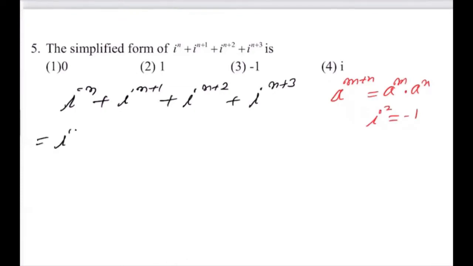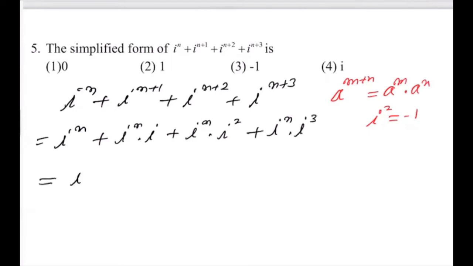Here i power n as it is, we can write this as i power n into i power 1 plus i power n into i square plus i power n into i cube. Further, i power n can be taken as a common factor from each term.